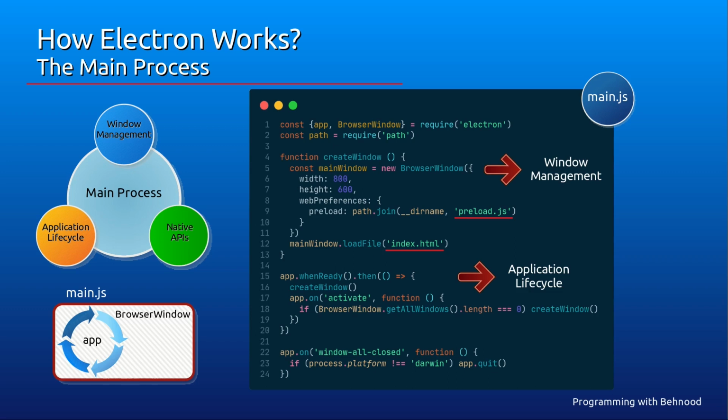To extend Electron's features, the main process also adds custom APIs to interact with the user's operating system, for instance, native desktop functionality like menus, dialogues, and tray icons.